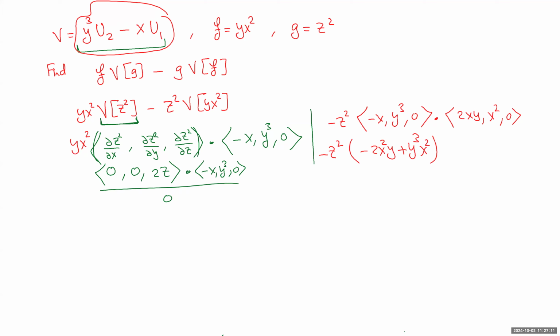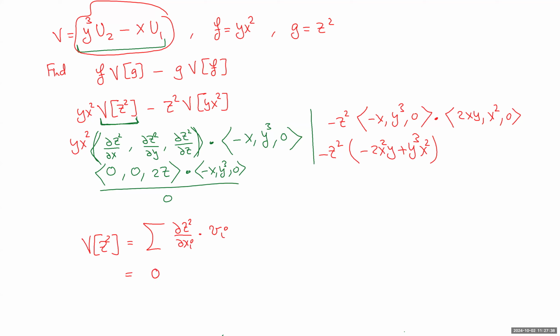So maybe here, if I want to use the notation of the book, this should be partial z squared, partial x_i, times v_i. So the derivative of z squared with respect to x is 0.